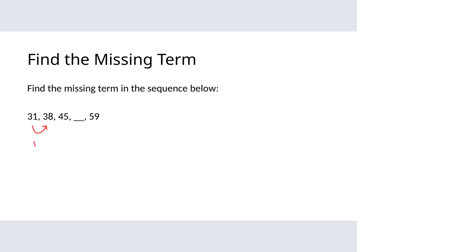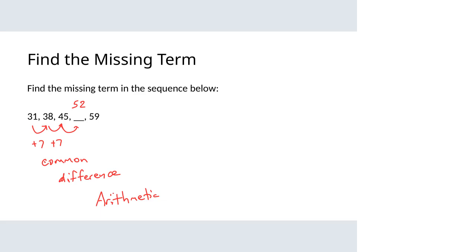And with this one, we see +7, +7 again. So I feel pretty confident in the +7 being my common difference, which makes this an arithmetic sequence. And then we add 7 again to land on 52.